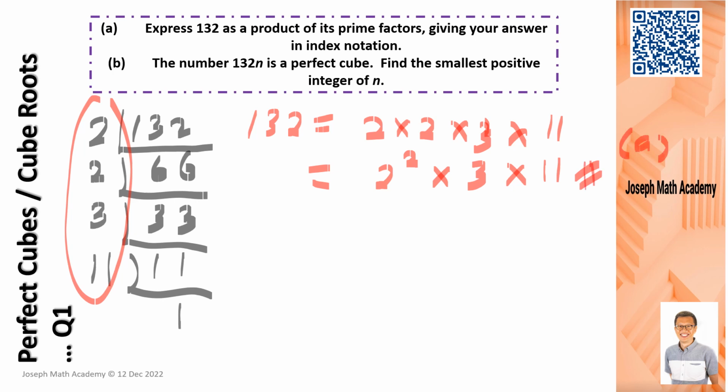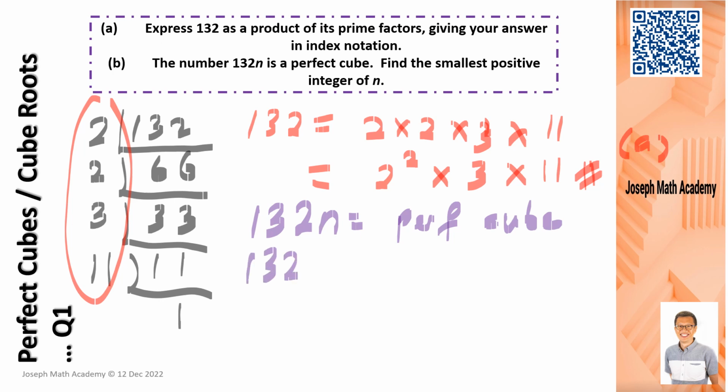Now let's look at B. B is not difficult. B is an extension of A. So if I have a number that is 132n, an algebraic expression, and it is a perfect cube, that means 2 squared times 3 times 11 times n is a perfect cube.